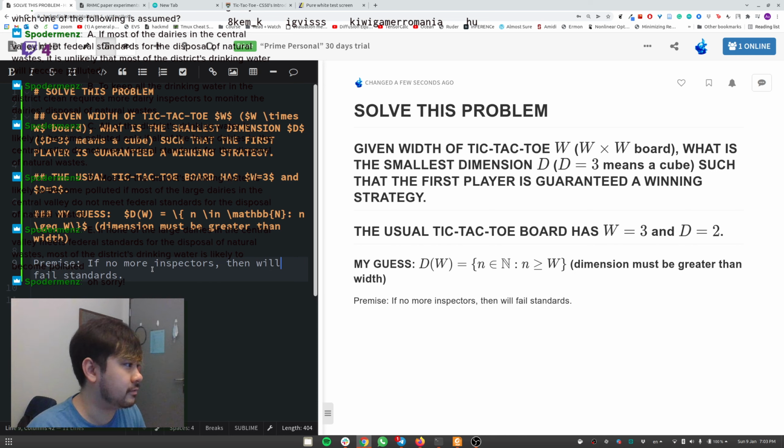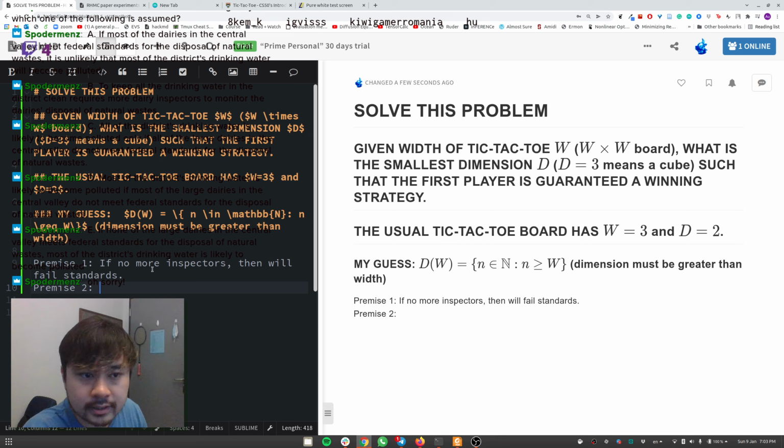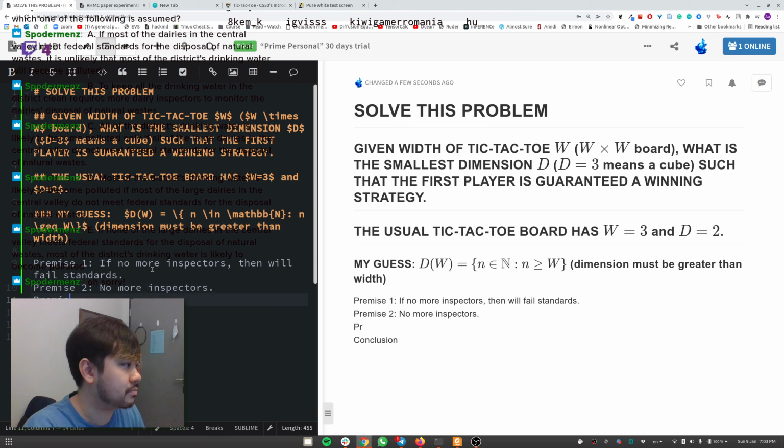So maybe this is like a logic thing. Premise 1, and premise 2 would be that there are no more inspectors. The conclusion that we want is that the water is likely polluted, or rather there's a premise 3 that's missing.